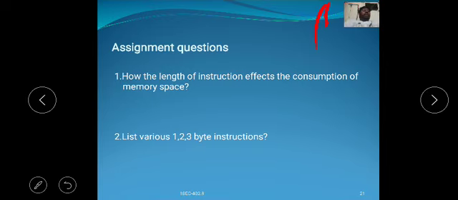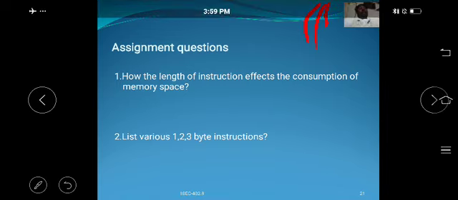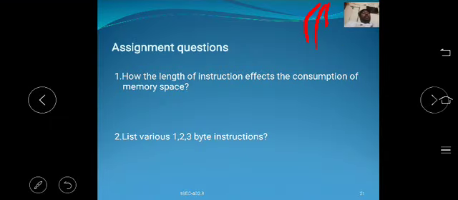That means if the length of the instruction increases, the consumption of memory also increases. Based on this, the 3 byte instructions require more memory space, and the 1 byte instructions require less memory space.